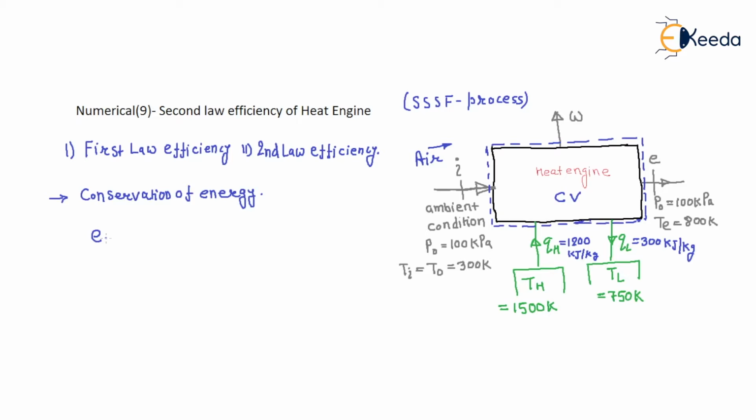Energy in minus energy out is equal to delta E of the system, and this is 0 for steady flow. So energy in is equal to energy out. This is related to what?